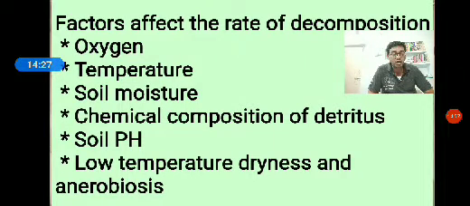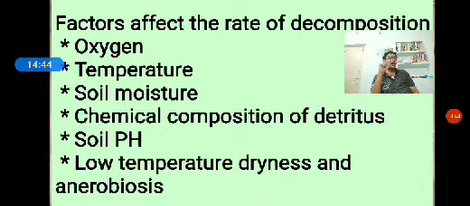The rate of decomposition is slowed down when the detritus is rich in lignin and chitin, chemical substances. Lignin and chitin are exoskeleton substances present in some insects' wings, shells of some animals, and so on. If the lignin and chitin content is high in detritus, then the rate of decomposition is slow.